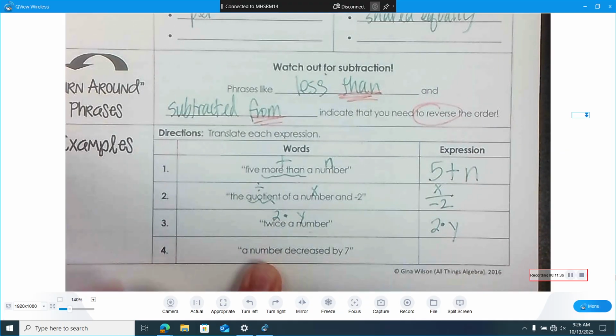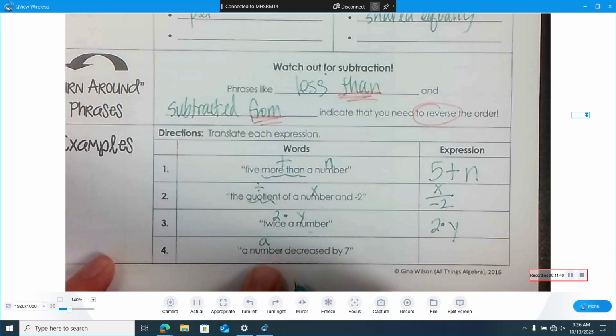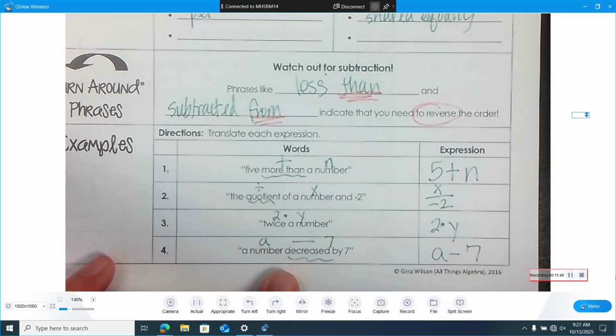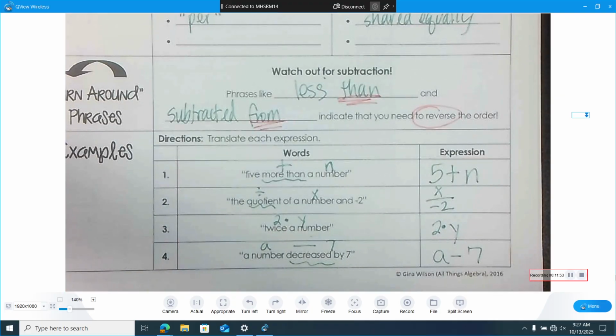What should we call the number this time? A. Okay. A number decreased by, what's decreased by? Subtraction. So a minus 7. Most of the time it's pretty easy to translate these words into math expressions. Let's turn the page.